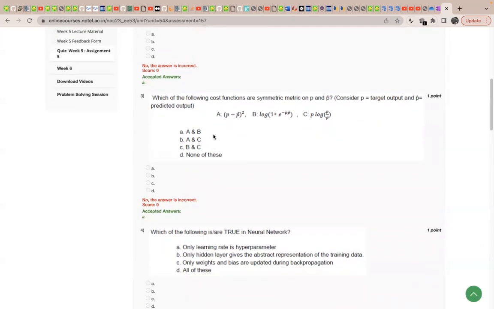Yes, let me read the question. Which of the following cost functions are symmetric? Symmetric metric on P and P dash. Consider P equal to the target output and P dash equal to the predicted output. Give me a minute.